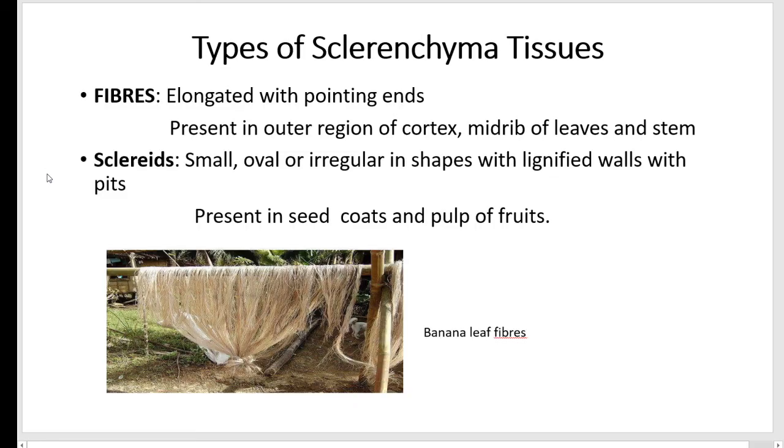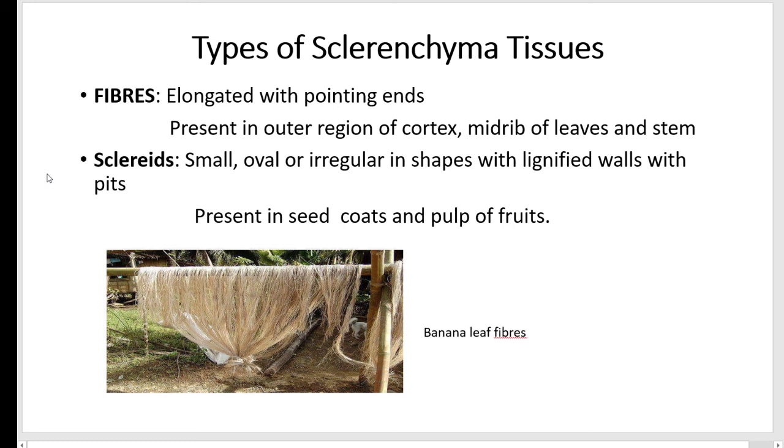The sclerenchyma tissue has been further divided into two types, fibers and sclereids. Fibers are elongated with pointed ends. The fibers, like cotton fibers you might have seen, are present in the outer region of cortex and the midrib of leaves and stem. Here the figure shows banana leaf fibers.